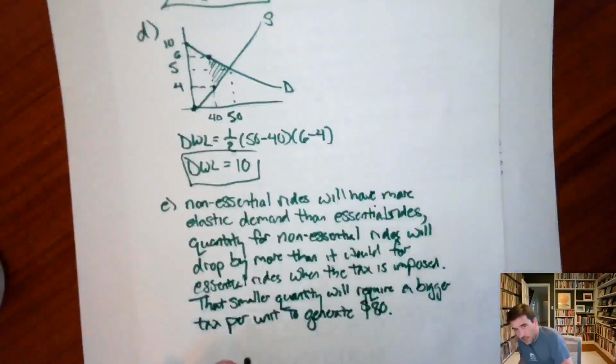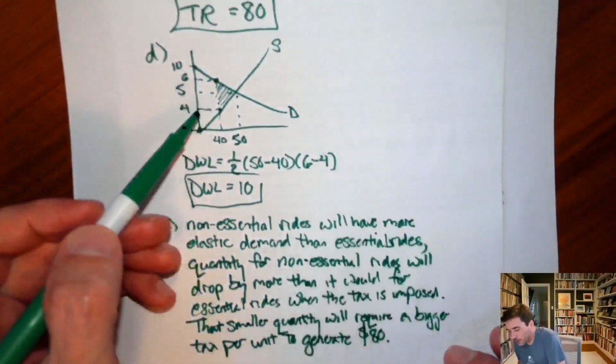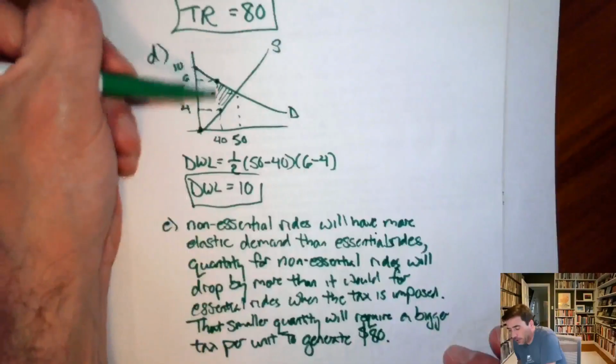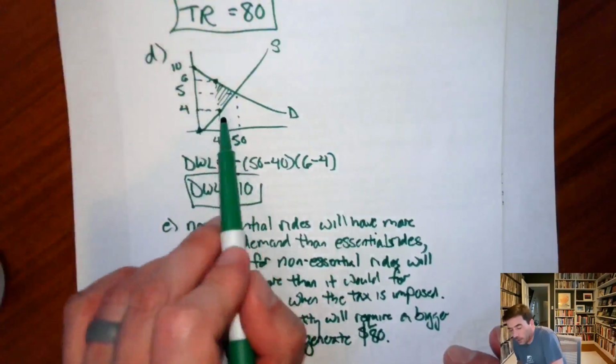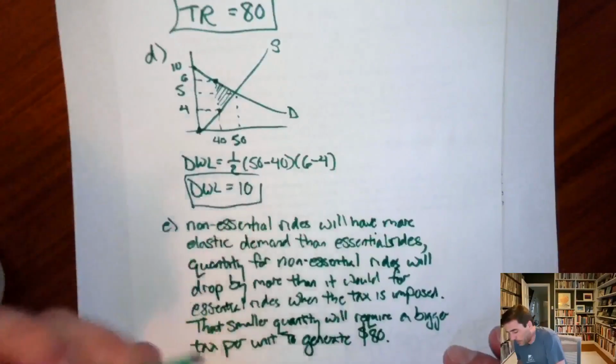All right. So now let's go back up to our graph here and realize that we're increasing the height of that triangle because we need to use a higher tax, and we're increasing the width of that triangle because of the bigger drop in quantity, right?